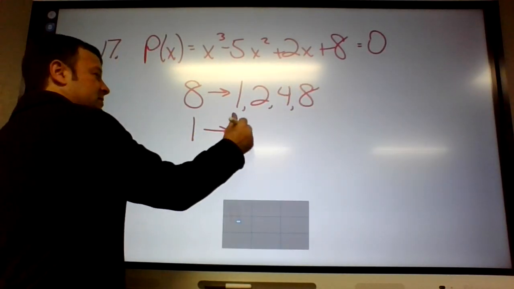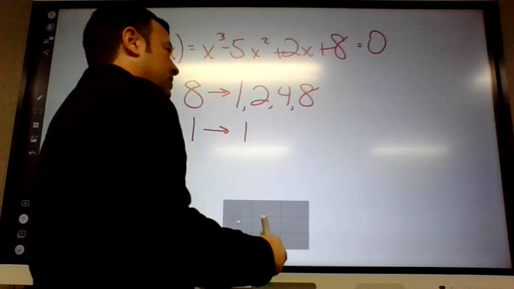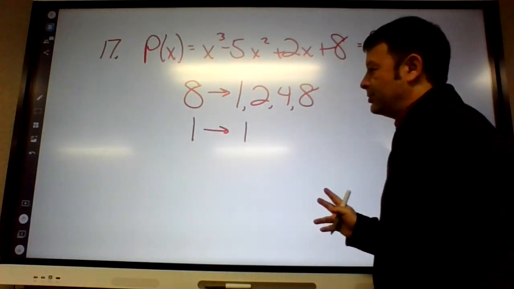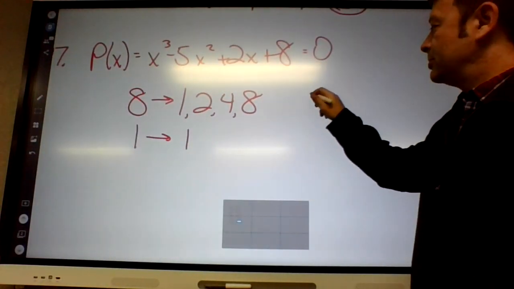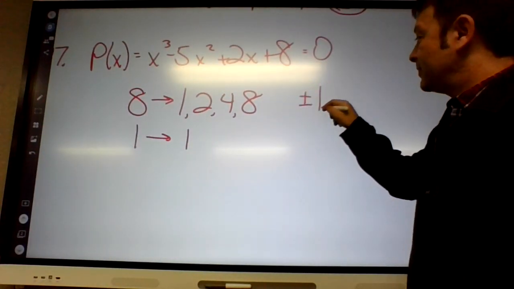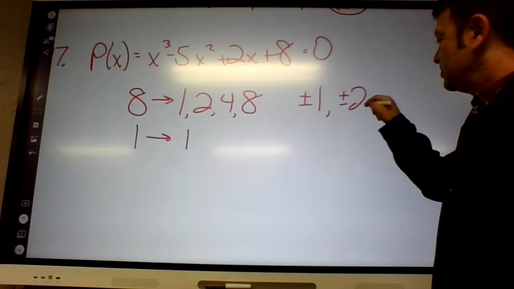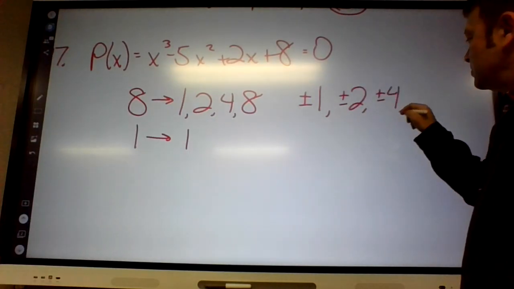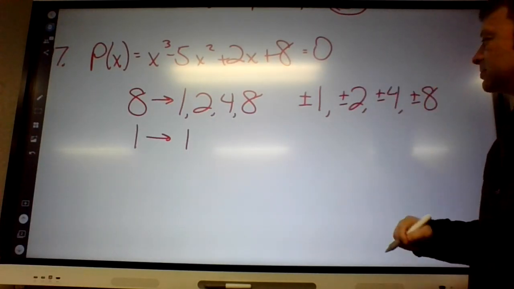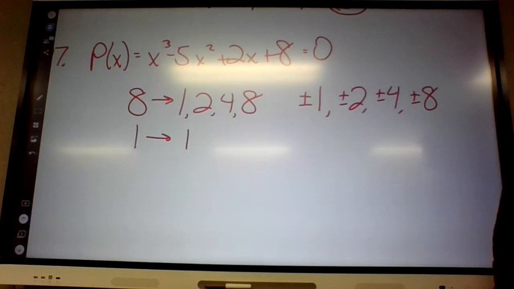Factors of 1: 1. So it's 1 over 1, 2 over 1, 4 over 1, 8 over 1. But it could be positive or negative on all these. So those are possible roots, possible zeros.